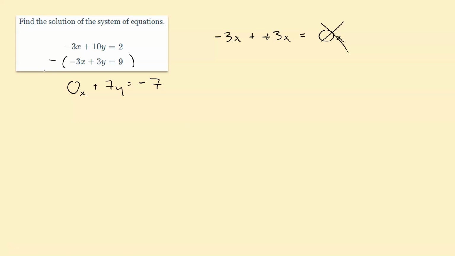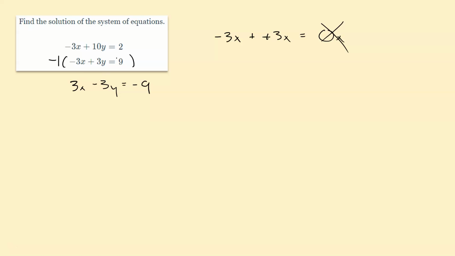So you could think about it as subtracting, or the other thing you could do is think about this as multiplying by a negative 1. So then what we'd have here, if I go ahead and distribute all of this, is positive 3x minus 3y minus 9.